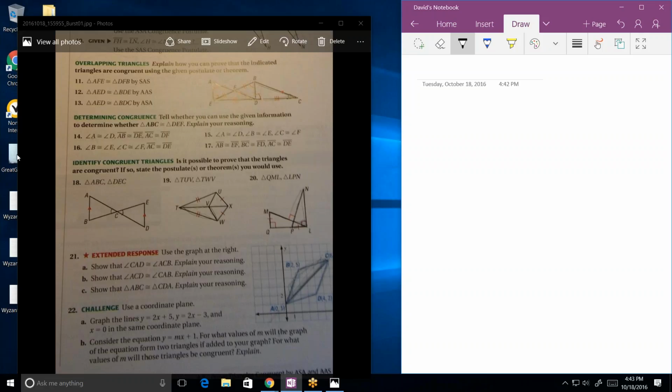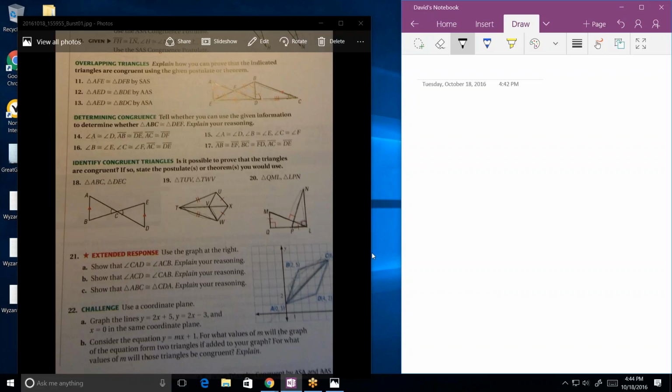But it's an important point in math: all you have to do to disprove something is come up with one case. If I come up with one case where all three of these are true and the two triangles are not congruent, then you can't use angle, angle, side to prove congruency. All right, let's go to number 18.